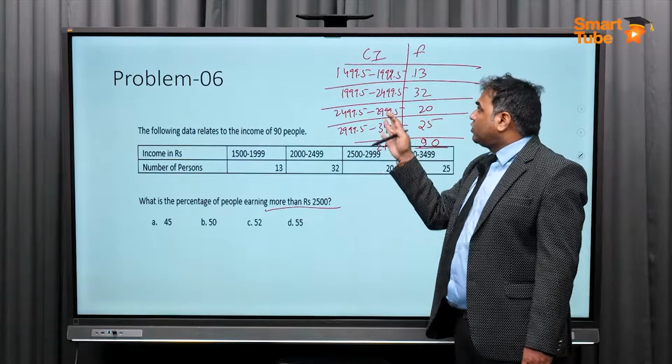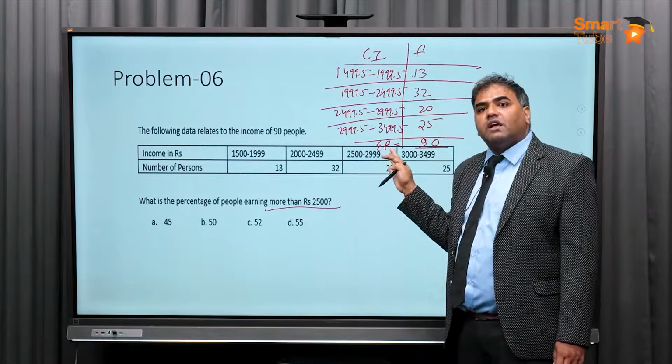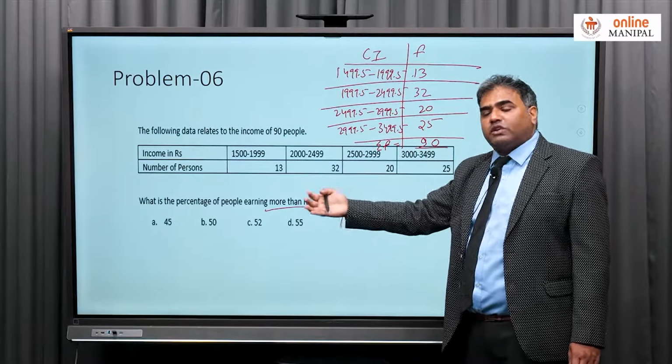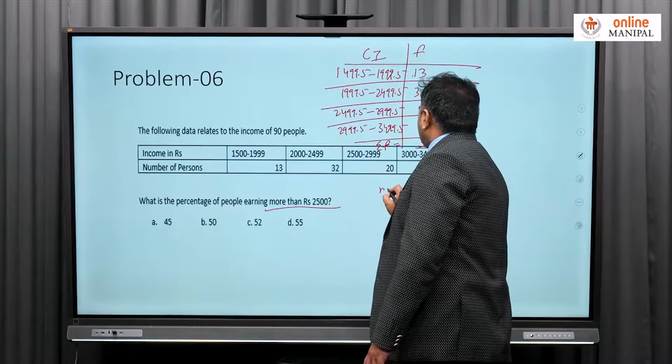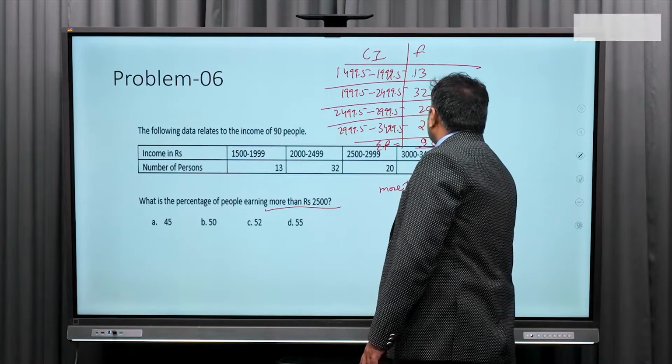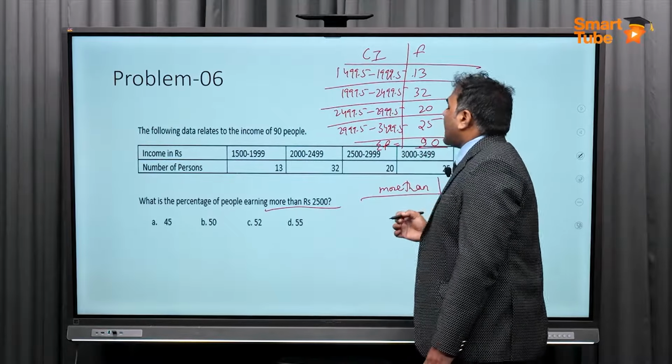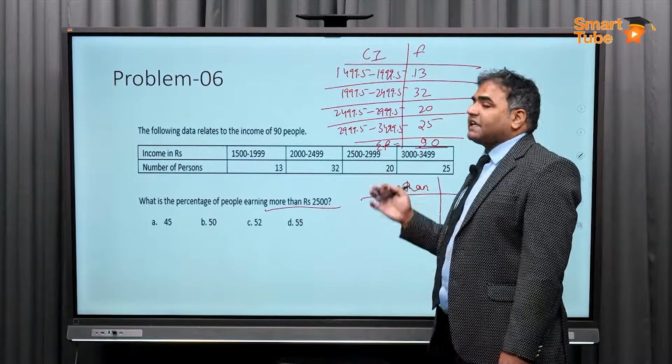So if you want to convert this normal class interval with normal frequency into more than class interval with more than cumulative frequency, I will write more than. Whenever you write more than, we always attach the lower limit.